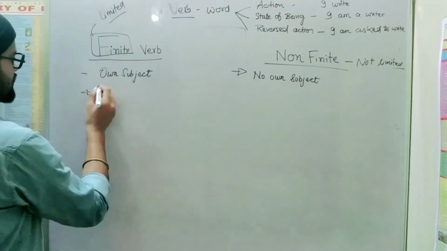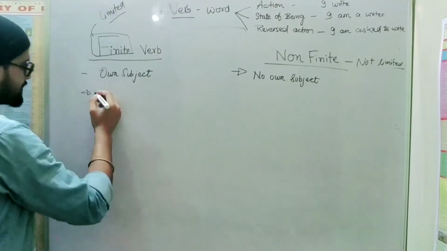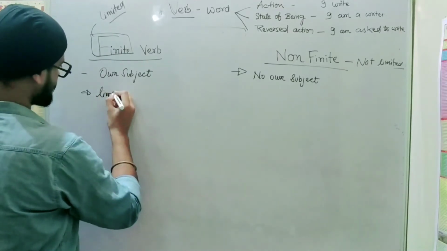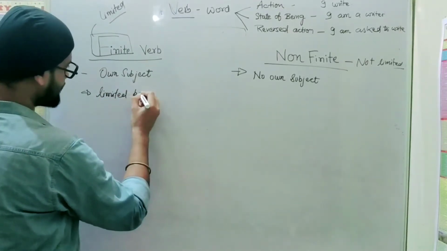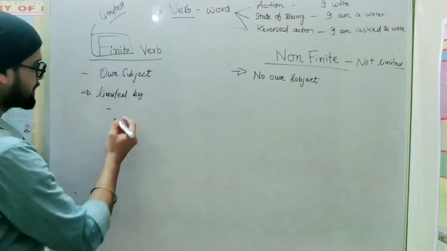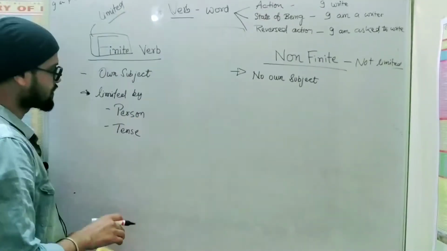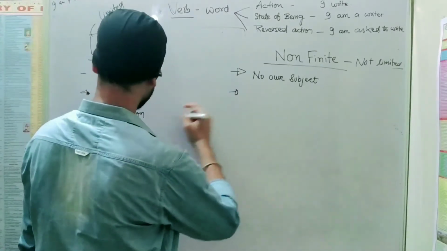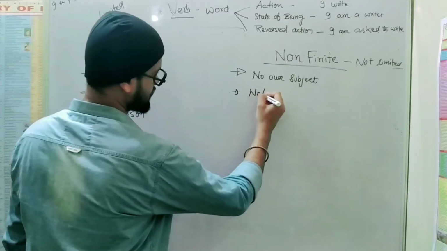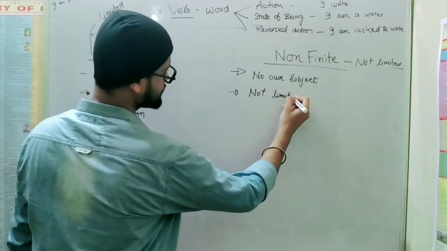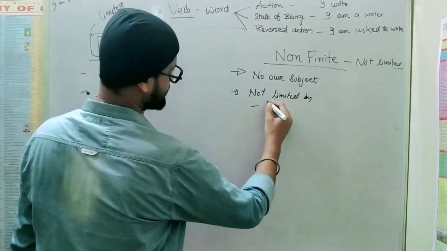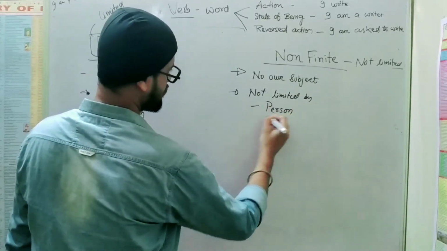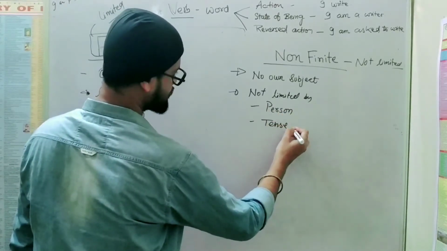Number two, finite verbs are limited. Limited by what? Limited by the person and the tense. Non-finite verbs are not limited by the person or the tense. They are actually not limited.